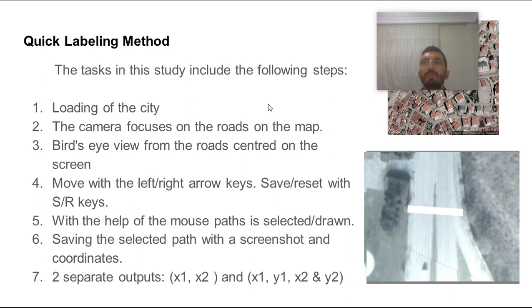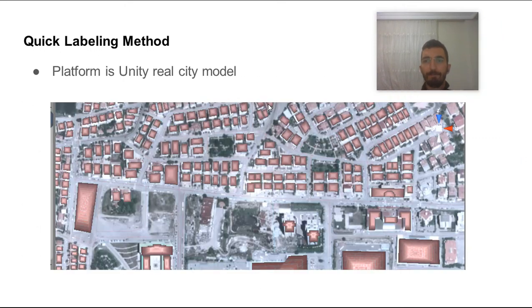Here, y1 is assigned the upper left corner 0 value and y2 the lower right 1 value. This example is Unity real city model's output.